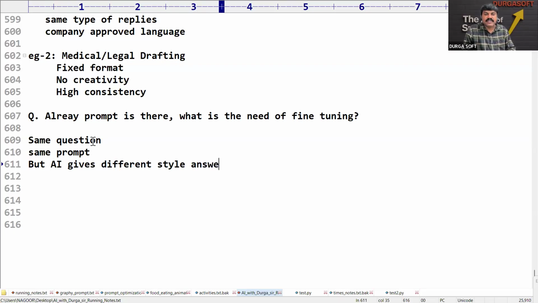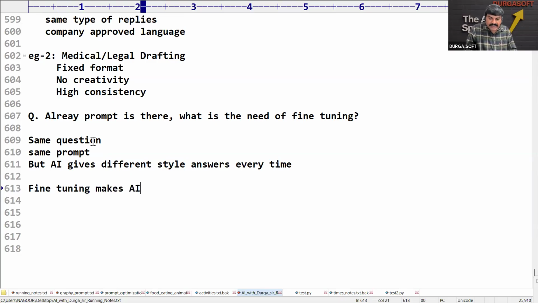So fine tuning makes the AI consistent. Same type of response you require to generate every time. If you require such consistency, happily you can go for this fine tuning concept.